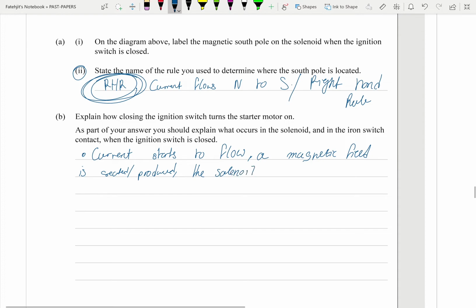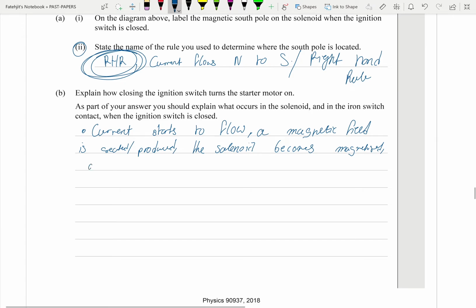The solenoid becomes magnetized, attracting the iron. Therefore, this closes the circuit and completes it.